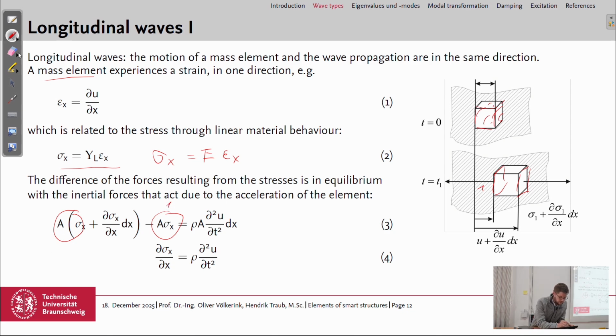And at the second end or cross-section, we have in addition the change in stress times the cross-section. And this equals the inertial force of this element. So the difference between the stresses on the cross-section must be equal to the inertial forces.